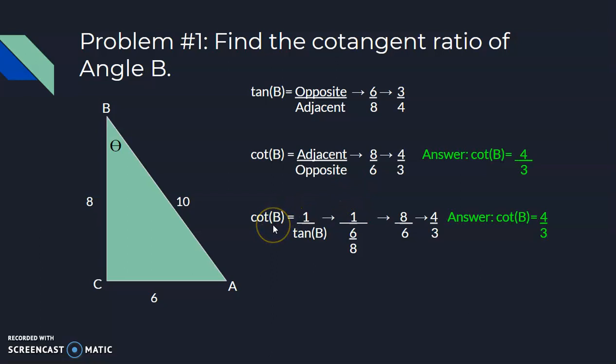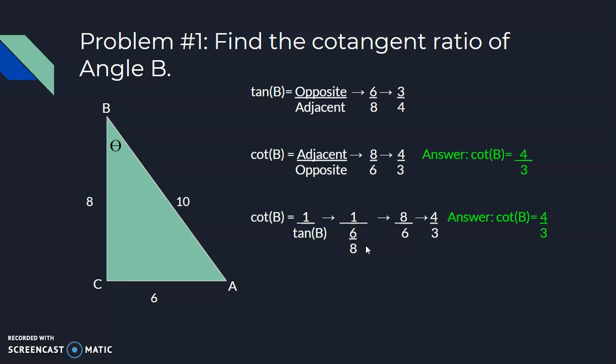My second function was 1 over tangent B, which is also known as the inverse of tangent. I know my tangent is 6 over 8, which is right here, because I did it in the beginning of the problem. So I got 1 over 6 over 8. I know that I cannot have a fraction in the denominator, so I did the inverse of 6 over 8, which is 8 over 6.